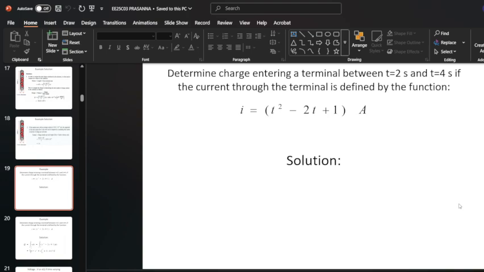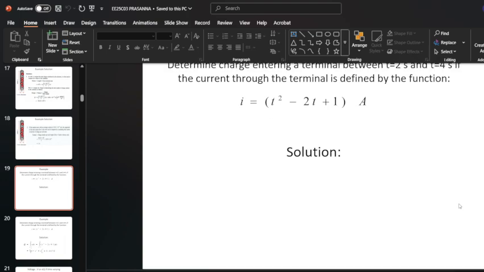The current through the terminal is not given as an exact value, but in the form of a function. So I equal to t square minus 2t plus 1 ampere. Now we can solve that problem.